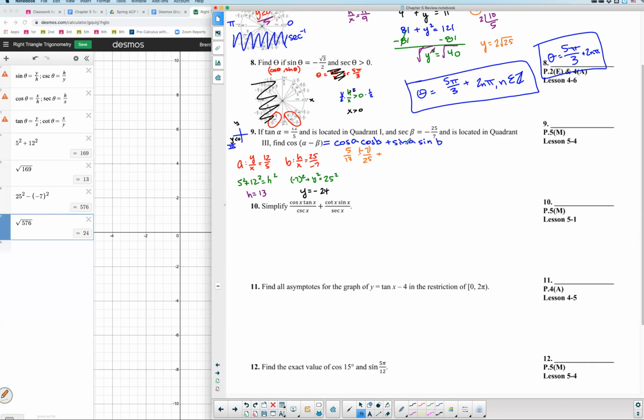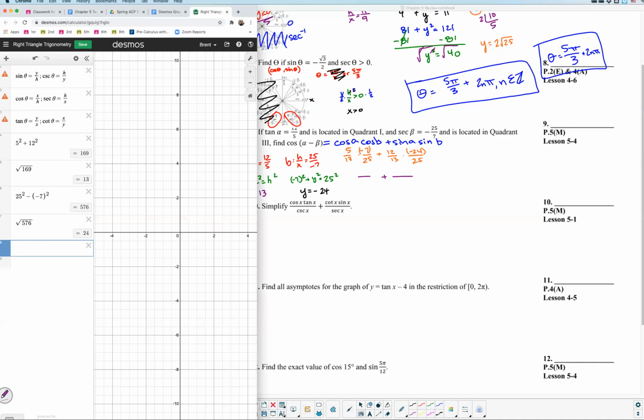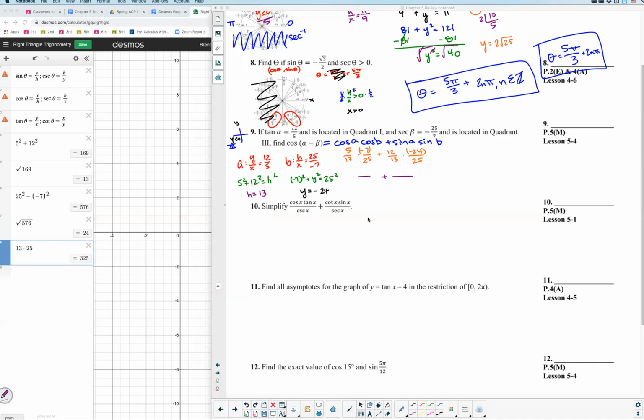And then we will add sine of a, that's y over h, so it'd be 12 over 13, times sine of b, which would be -24 over 25. I see I'm going to have a common denominator when I do this math. That's going to be great. So the denominators, let's see here, 13 times 25 is 325.